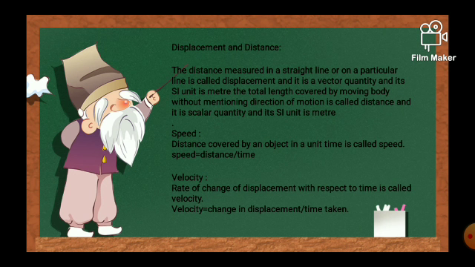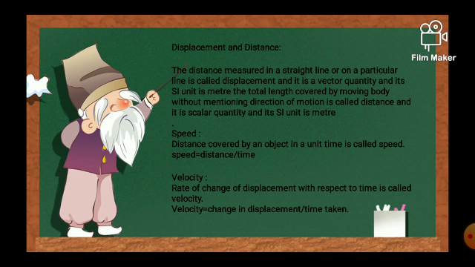Just like in the speed topic, speed equals distance upon time taken, so its formula is v equals s upon t. s is the distance traveled, t is the time taken, and v is the speed.